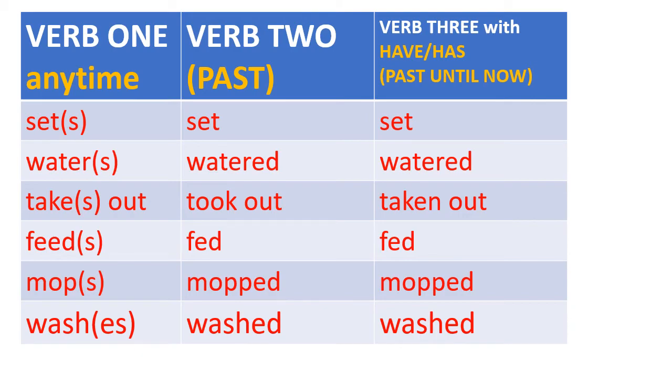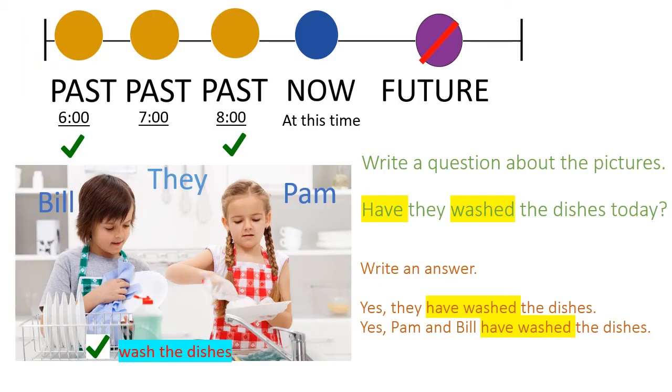Here's another list. So if we look at this timeline, we know we're talking about different times in the past until now. In the picture, we see two people, Bill and Pam, so we can call them they. The action is wash the dishes, and we see a green tick mark.